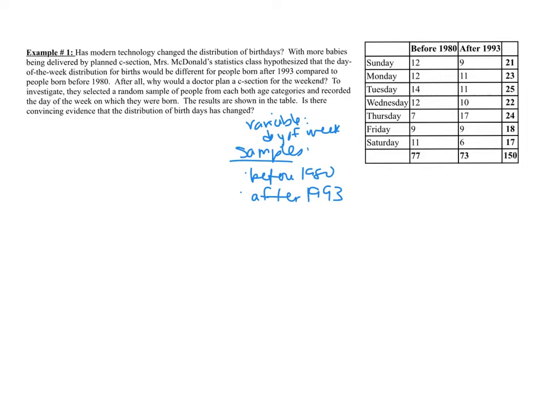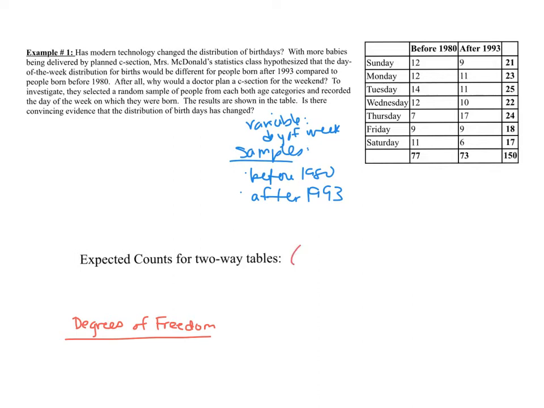So we're actually going to start with example number 2. Before we start that example, I'm going to give you two things. The first thing is the formula for the expected counts for two-way tables. This one is a little more complicated than the previous one, the goodness of fit.